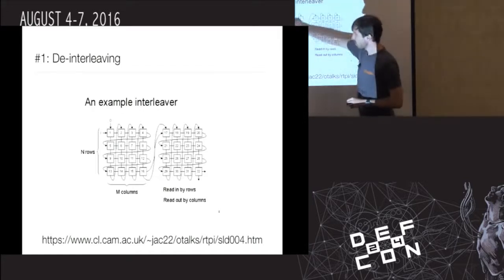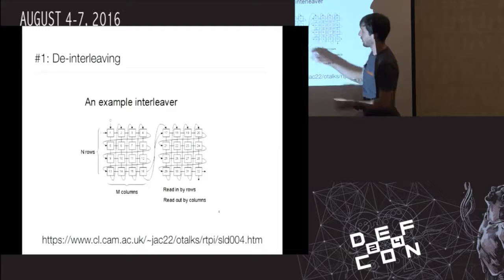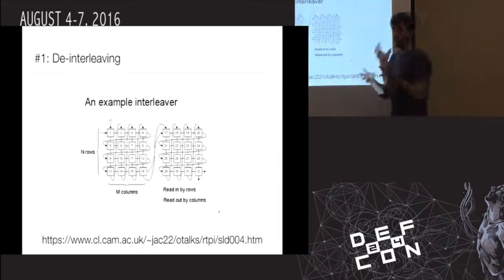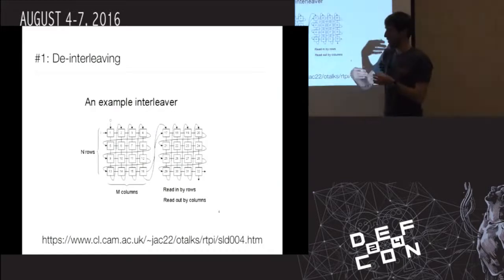If we affect some of these bits, then if we weren't interleaving and we just had them serially in order, if we had a burst error that affected some of these bits, it might affect too many in that one small group for the error corrector to actually correct fully, because there's only so far that an error corrector can go, given the amount of additional bits that you're putting in there.